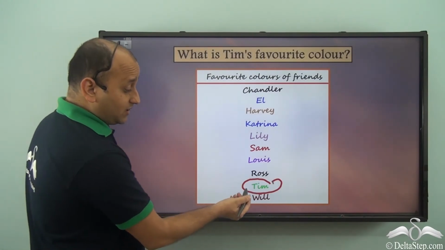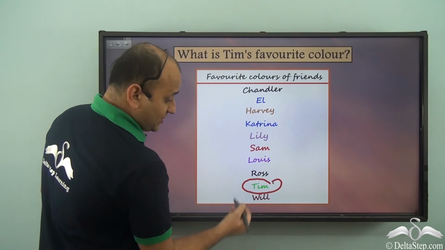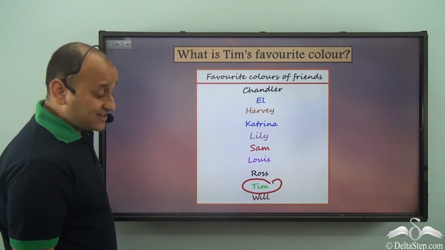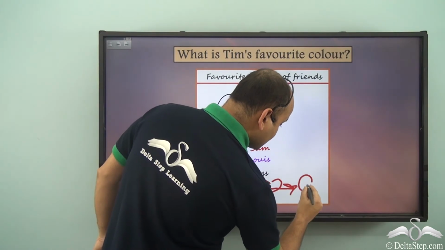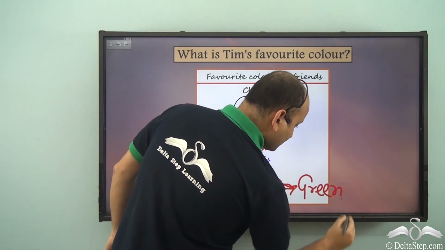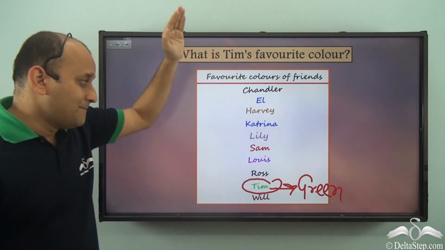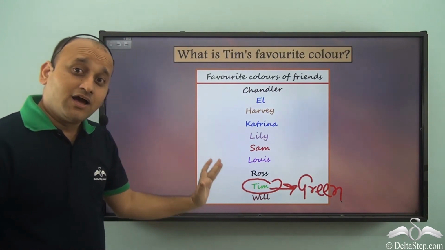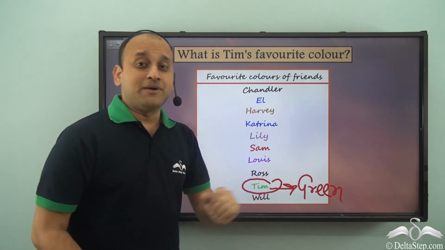So, in what color has this name been written? Well, it's written in green, right? So, Tim's favorite color is green. So, again, from available data, we were able to extract useful information.